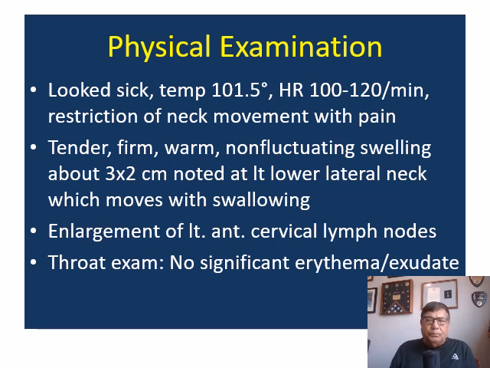She has difficulty in swallowing. The other physical findings were enlargement of the anterior cervical lymph nodes on both sides, more so on the left side. The throat examination did not show any significant erythema or exudate, and her tonsils were removed as I mentioned before.